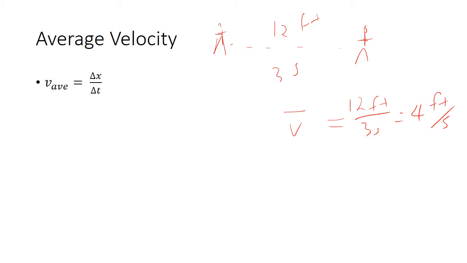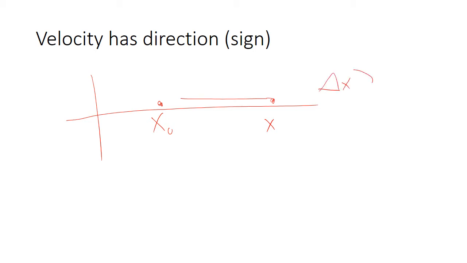And now once again, we can think about it as something that has sign. We've got our origin right here, and we start here, we end here. If this is x naught and that's my final x, then the displacement is positive, so it's greater than 0.